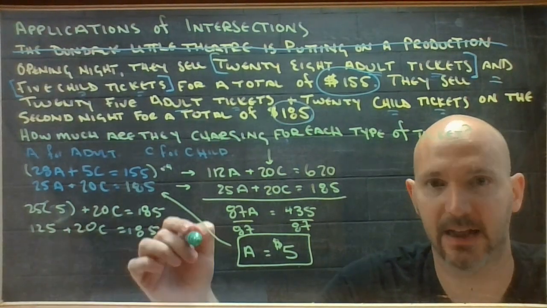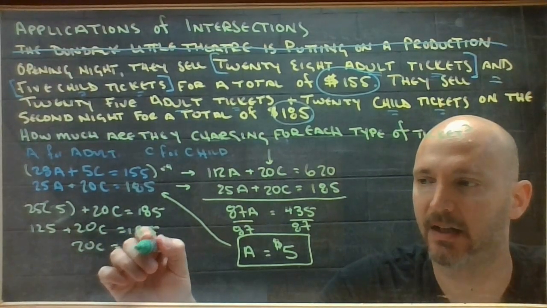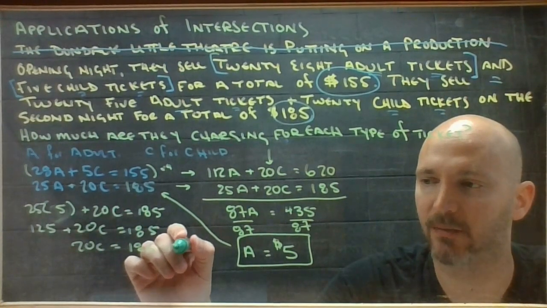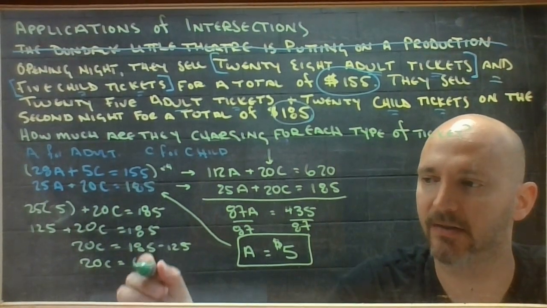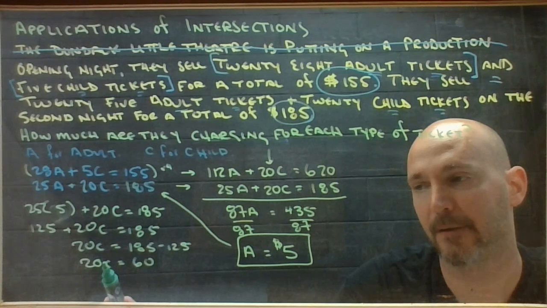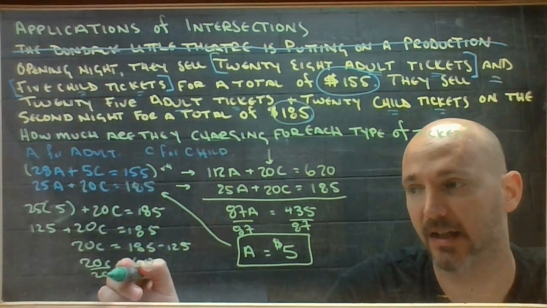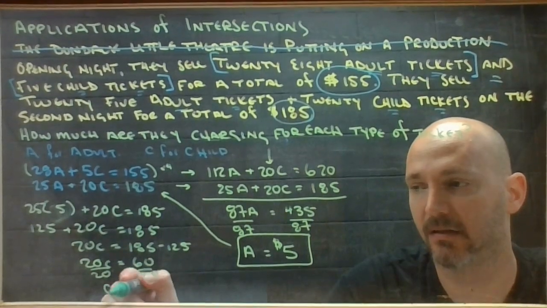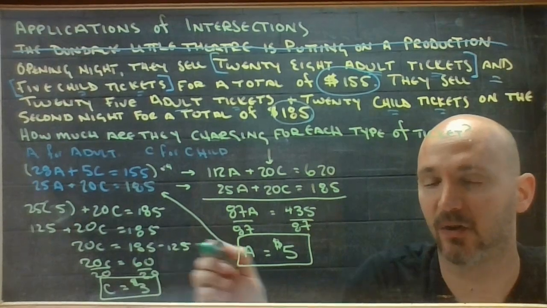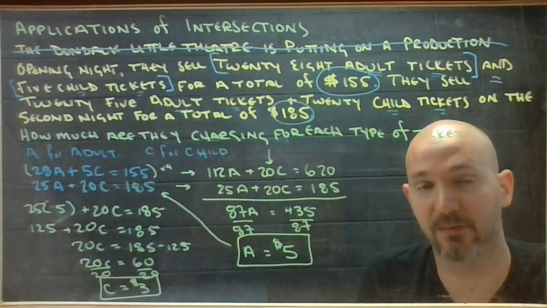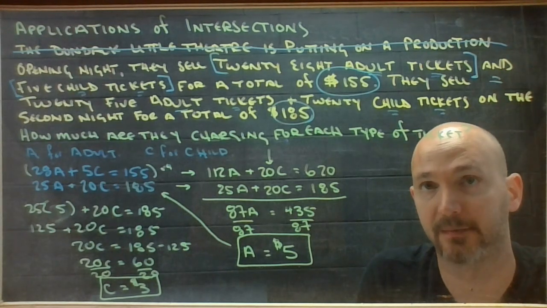So if I take that out of the pile, 185 subtract 125, I get $60. So these 20 child tickets have to have brought in $60. So divide each side by 20. C is 3. So child tickets for this particular production are $3, adult tickets are $5.